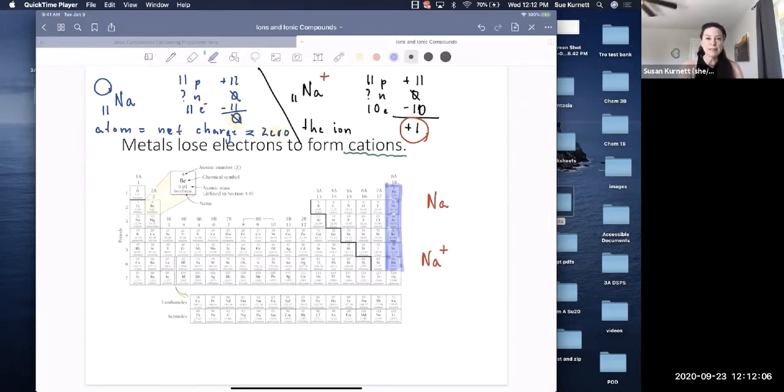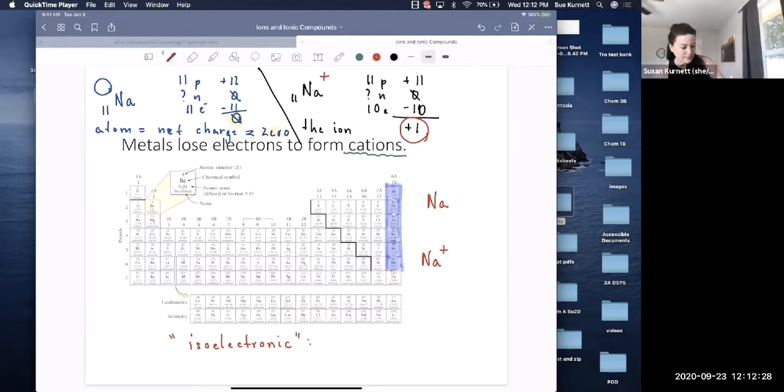So when sodium has the opportunity to lose electrons, how many does it lose? The same amount, so that it is isoelectronic with the nearest noble gas. And isoelectronic just means same number and arrangement of electrons. Today we're just focusing on the same number of electrons. The arrangement has to do with that idea of electron configuration that we'll talk about at another time.